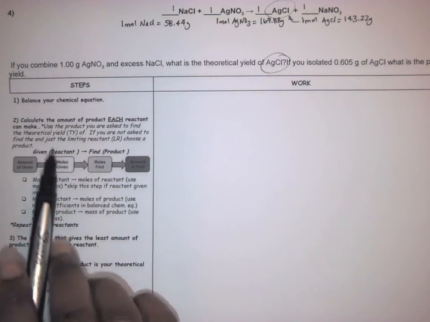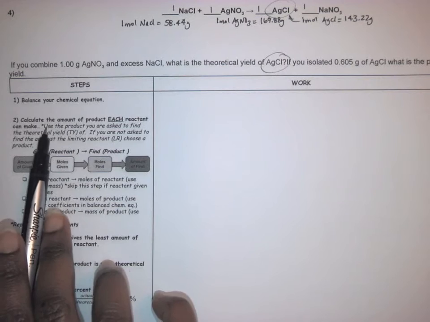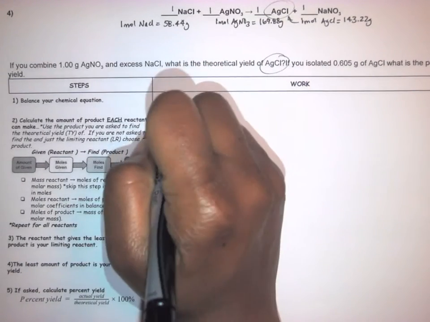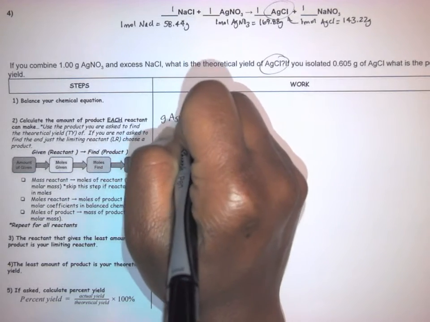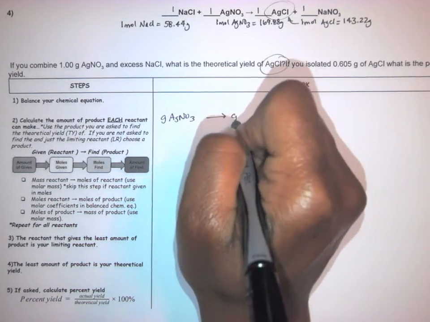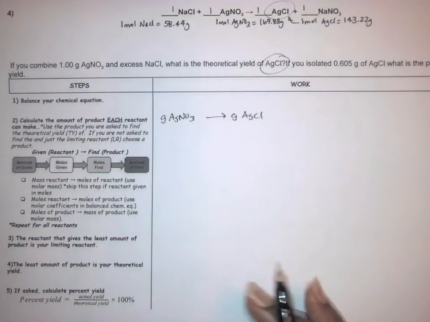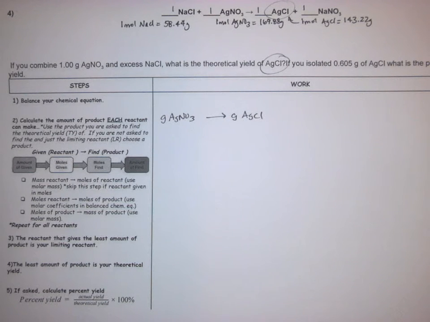So we actually only need to do one calculation for step 2, which is to go from the grams of AgNO3 to the grams of AgCl. Okay, so I'm going to do this in a step-by-step fashion, and then I'll do it as a one line. I'll let you know when step-by-step is over, and then I'll link the one line at the appropriate place.